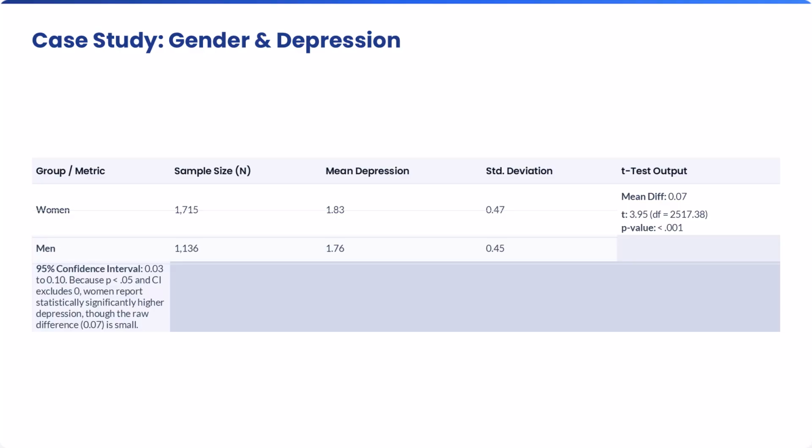Because the p-value is well below 0.05 and the 95% confidence interval, 0.03 to 0.10, does not include 0, we reject the null hypothesis that there is no difference between the groups. We can conclude that women report statistically significantly higher depression. However, note that a 0.07 difference is quite small in practical terms, highlighting the vital distinction between statistical significance and practical importance.